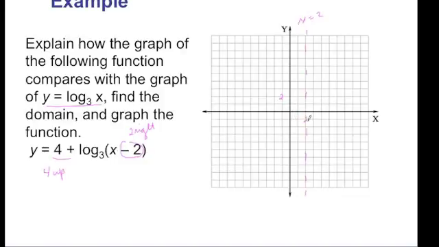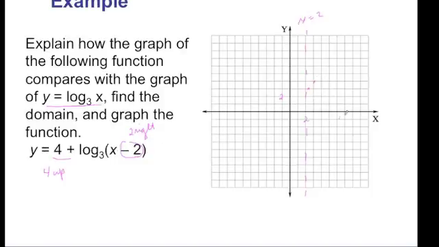Move it to the right, and 1, 2, 3, 4 up. Our point 1, 0 moves to the right, and 1, 2, 3, 4 up.